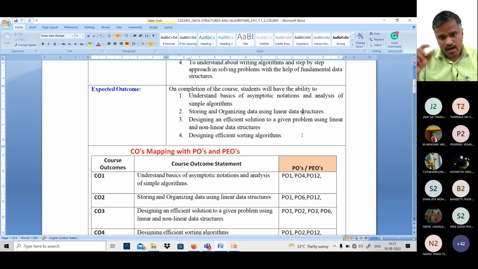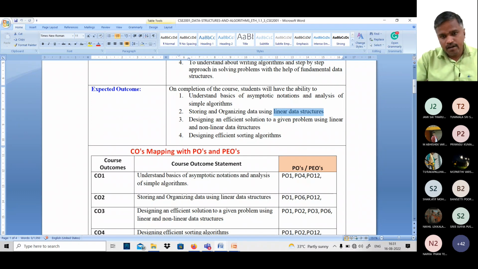Linear data structures are array, stack, queue, linked list. Non-linear data structures are trees and graphs.